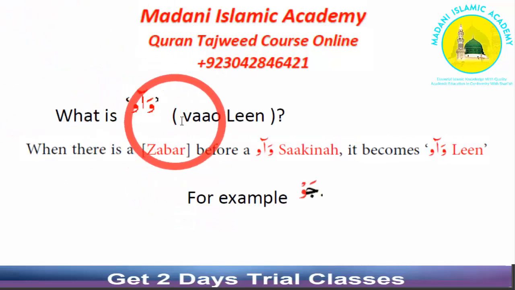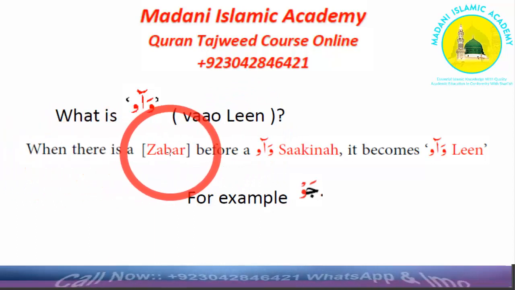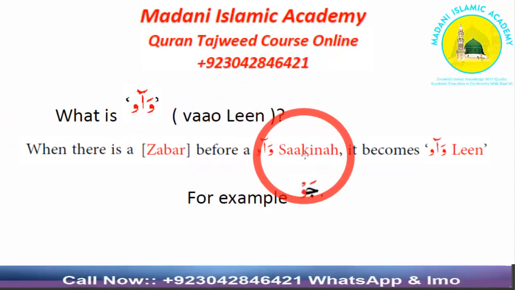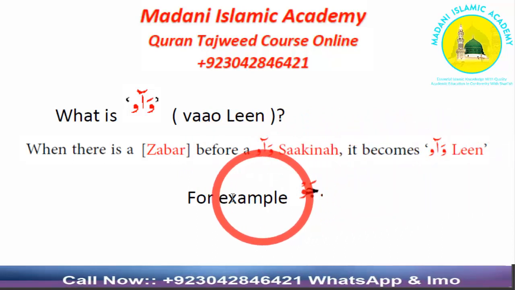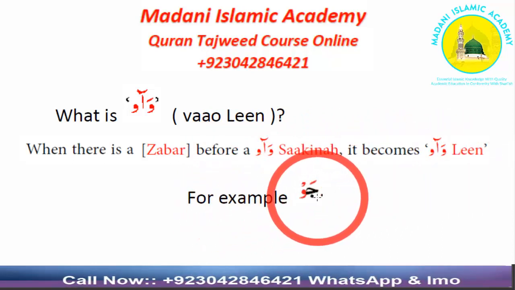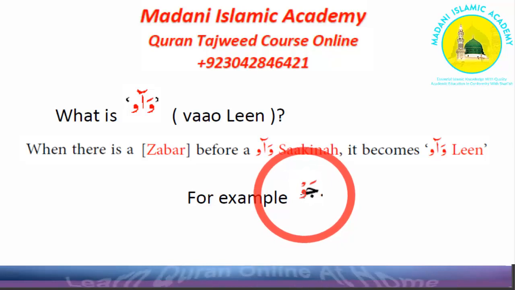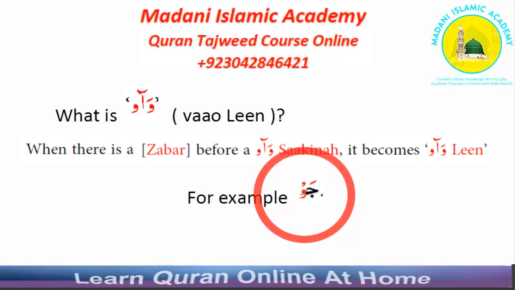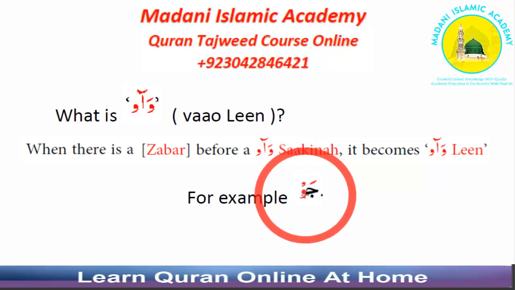What is Waw Leen? In an Arabic accent, when there is zabar before Waw sakin, then it becomes Waw Leen. For example, Jim Waw zabar jaw. Here Waw is sakin letter because Waw has jazm sign, sakin sign or sukoon sign on it.